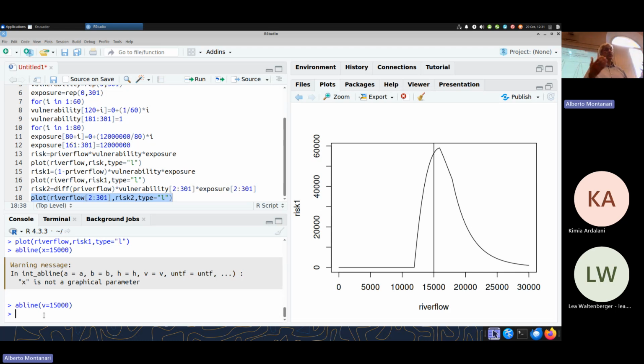So when you make a cost-benefit analysis, let's suppose you bring the cost down to 0.4, it means that you save every year about 180,000 euros for a river flow of 15,000 or higher. And usually this is what you are interested in, because we are not interested in a very specific value of river flow.